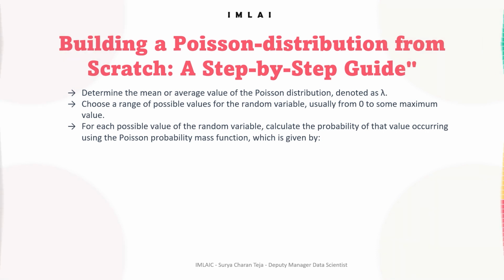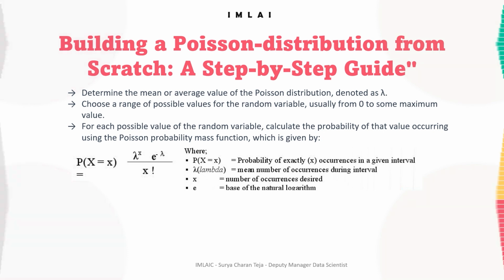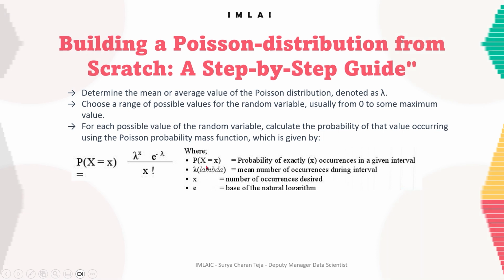Poisson probability mass function, which is given by P(X = x) = (lambda^x multiplied by e^(-lambda)) divided by x factorial. Here P(x) is P(X = x), the probability of exactly x occurrences in a given interval.